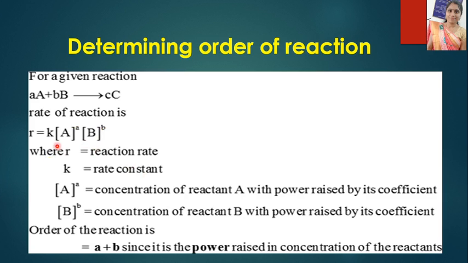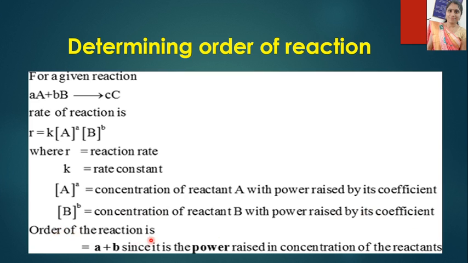Here R is the rate of the reaction, K is the rate constant of the reaction, and concentration of A raised to a means concentration of reactant A with the power raised by its coefficient. What is the coefficient of this reactant A? That is small a. And what is the coefficient of this capital B? It is small b.